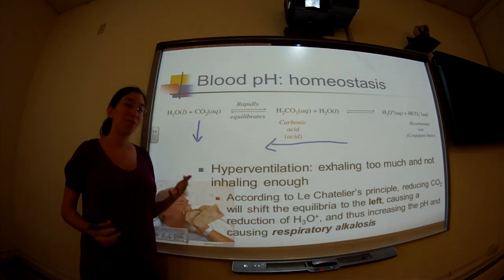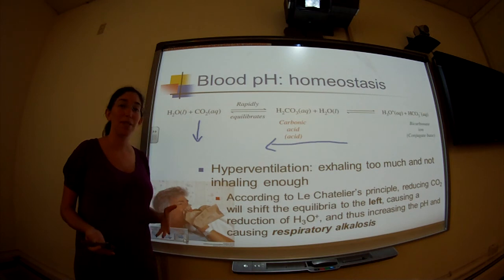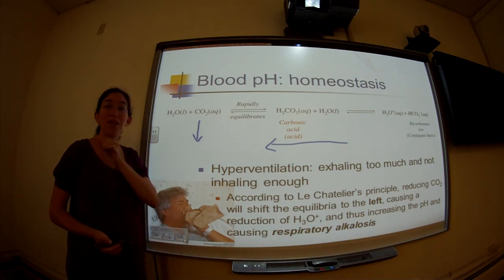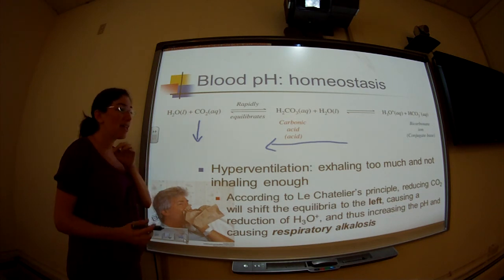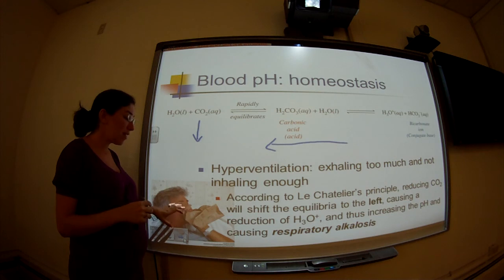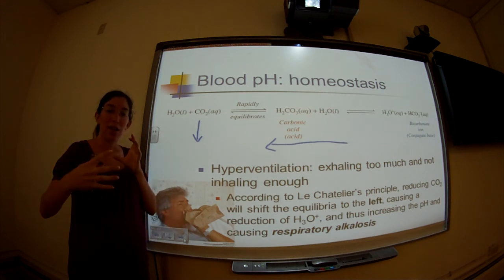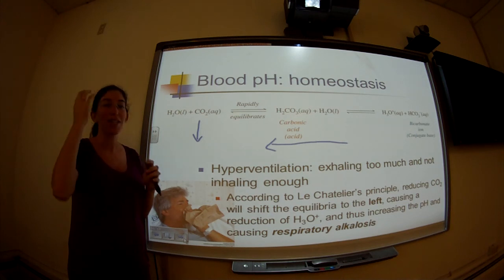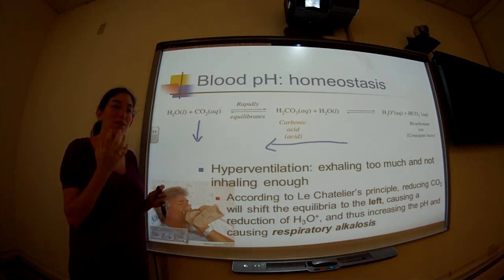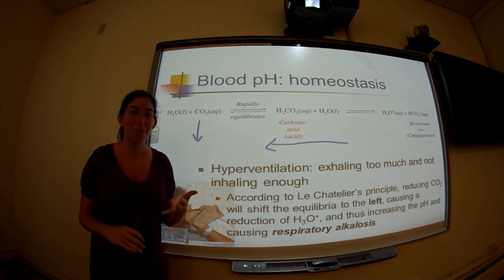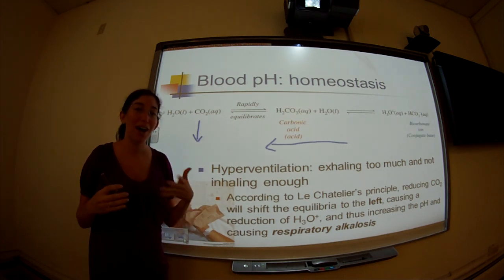The common simple home remedy for hyperventilation is to breathe into a bag, because then any carbon dioxide that you're breathing out, you are breathing back in. So it's increasing your intake of carbon dioxide. Normally you shouldn't do this. Normally you don't want to breathe into a bag, because then you won't get enough oxygen.